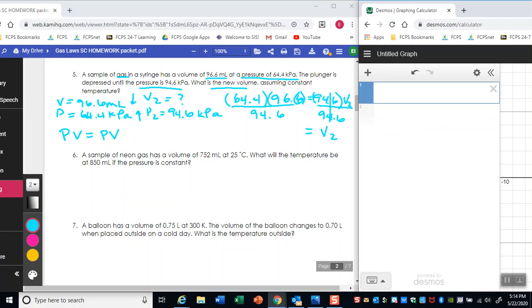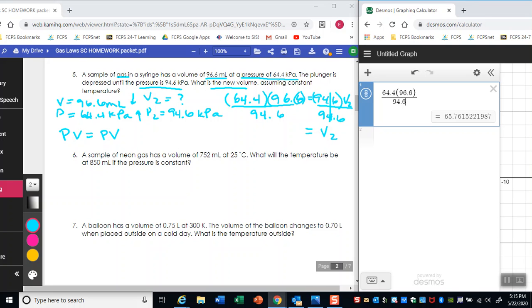Let's see. 64.4 times 96.6 divided by 94.6. All right, so I get 65. Let's see how many significant digits. Well, I'm trying to find volume.